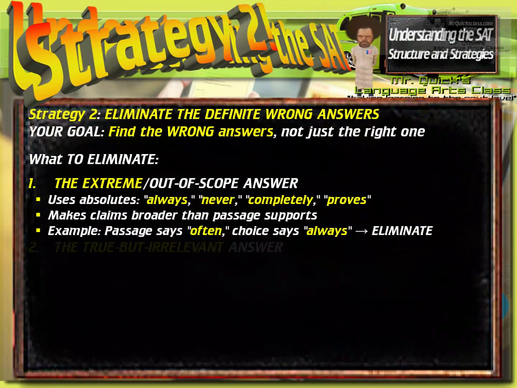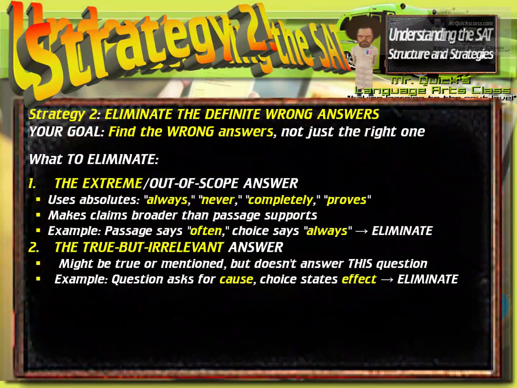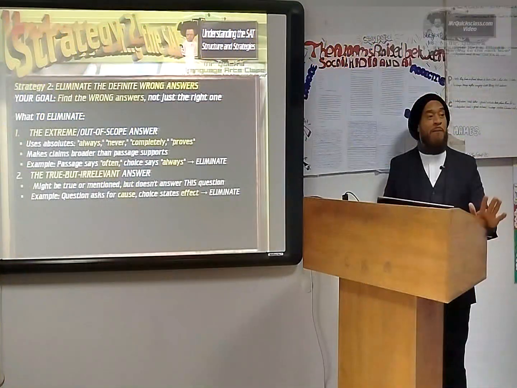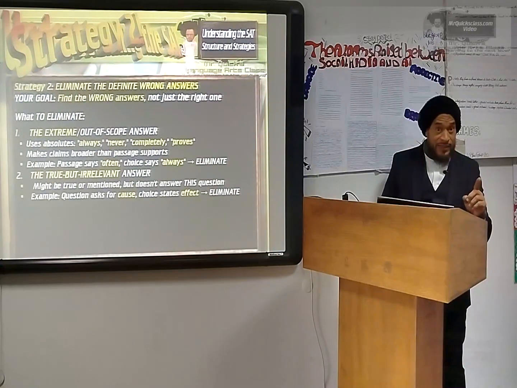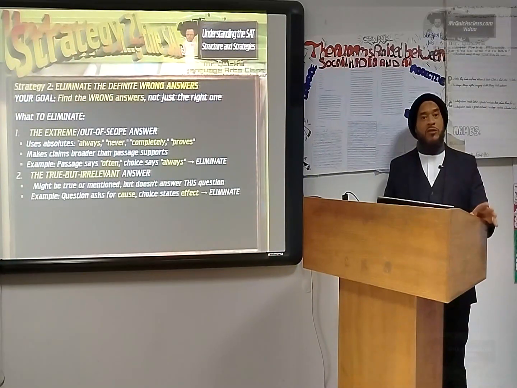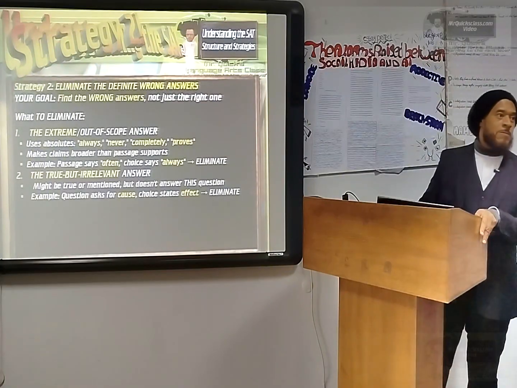Another thing you should be looking for is an answer choice that is true, even according to the topic that is being discussed, but has no relevance to what is being discussed.